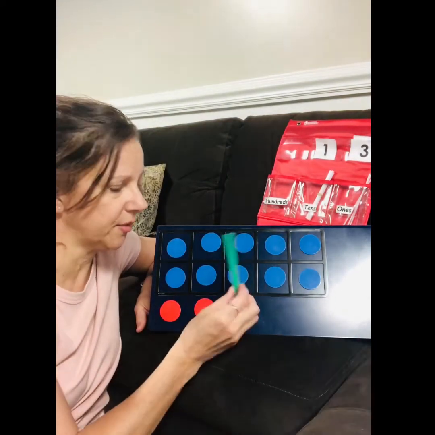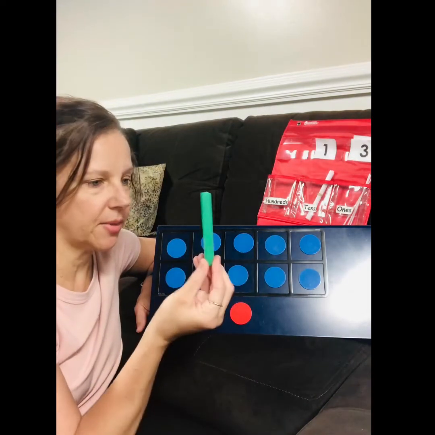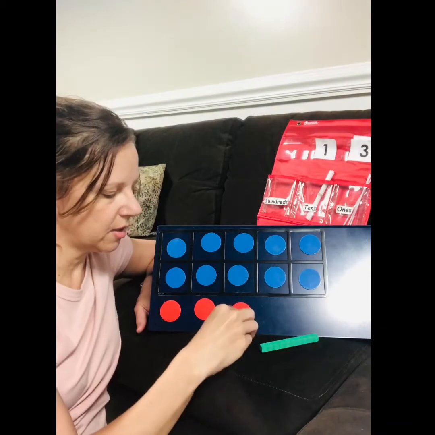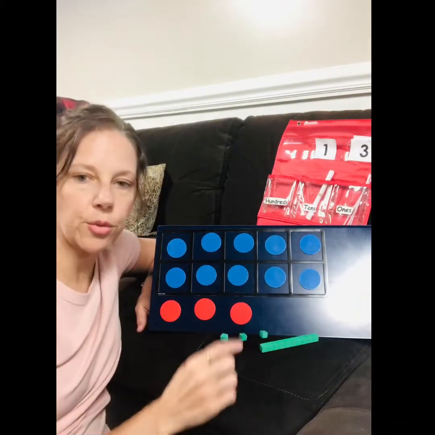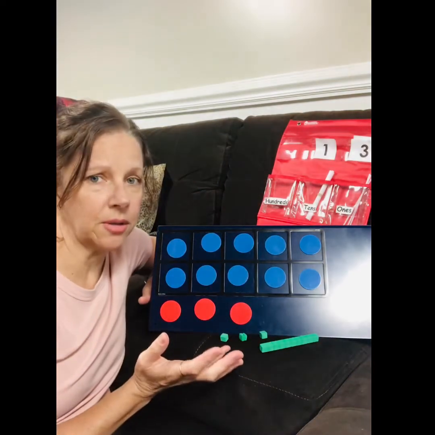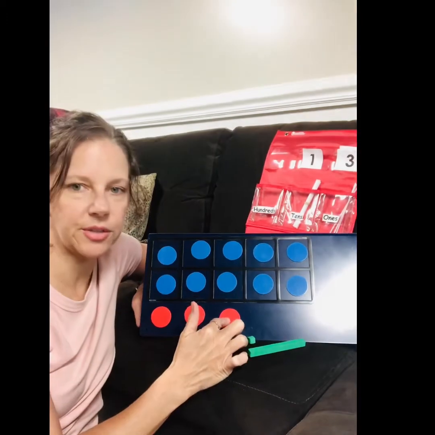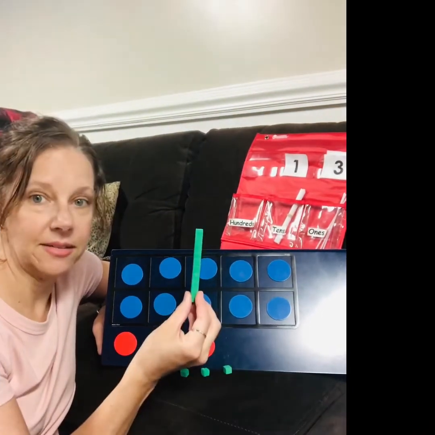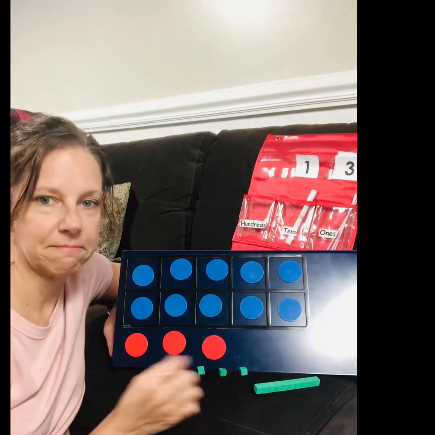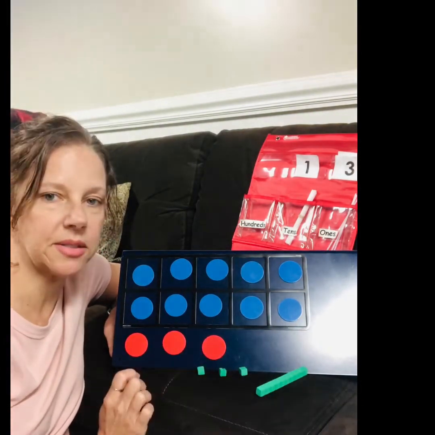So we have one group of 10, a 10 rod, and 3 left over. 1, 2, 3 left over. So what does that equal? 10, 11, 12, 13. We have one group of 10 and 3 ones left over.